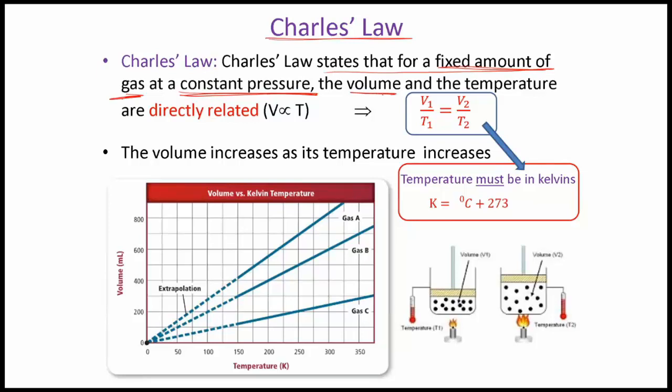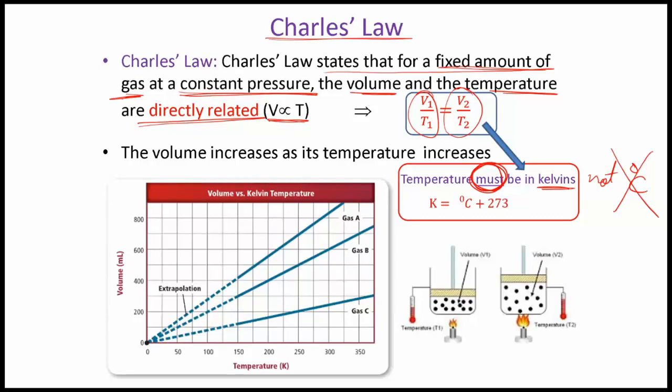So what will happen? The volume and temperature are directly proportional to each other. They are directly related. So V is proportional to T, or V over T is a constant. So I would say V1 over T1 equals V2 over T2. The most important thing here is what? And this is the big mistake that most of you make in the exam. Temperature must be in Kelvin, not Celsius.